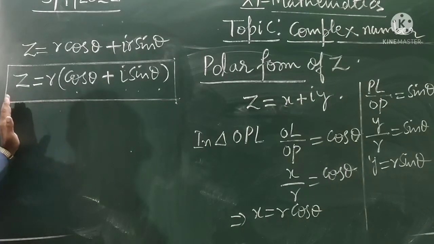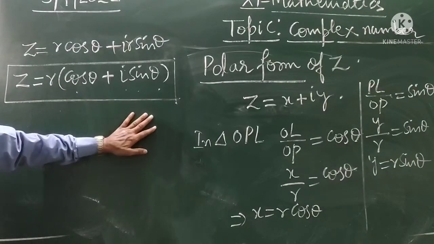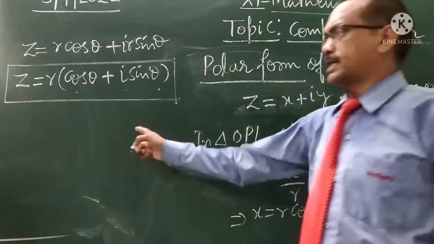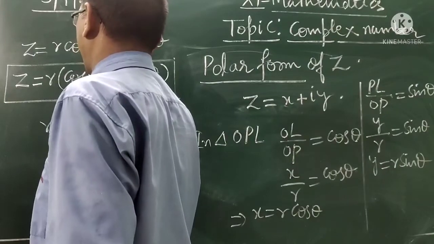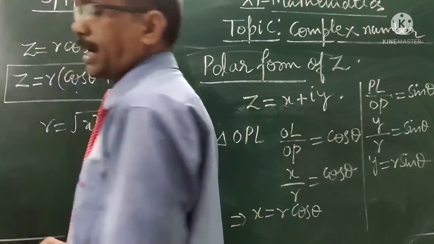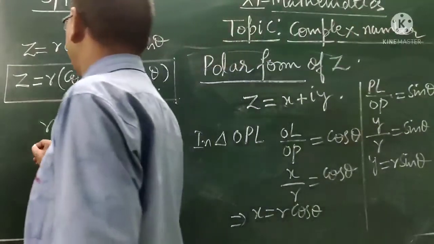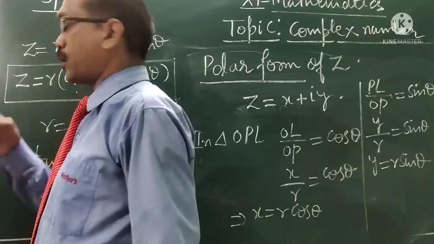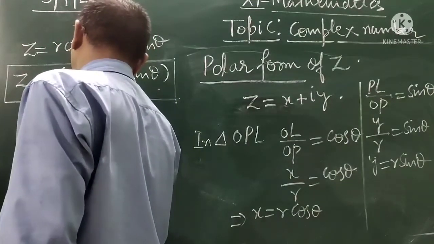Here r equal to root of x square plus y square is called the modulus of the complex number, and theta is called argument. tan theta equal to y upon x and theta equal to tan inverse y upon x.